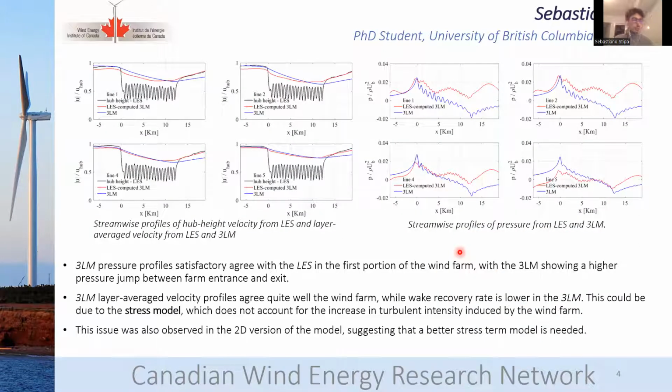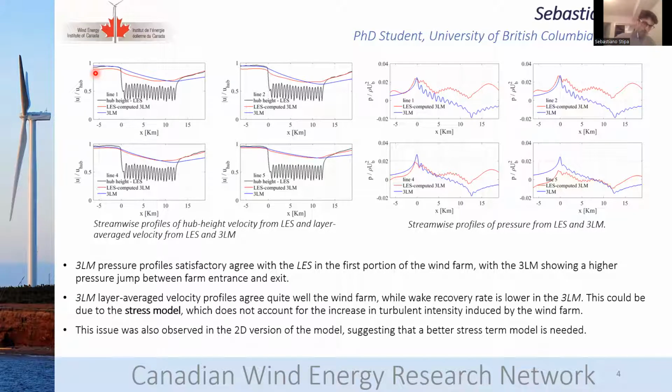In this slide, on the left, we are looking at the vertically averaged velocity profile in the first layer from the 3-layer model in blue, and from the LES in red. In order to have this data from the LES, we had to actually average the velocity values and the pressure values in the layer point by point.